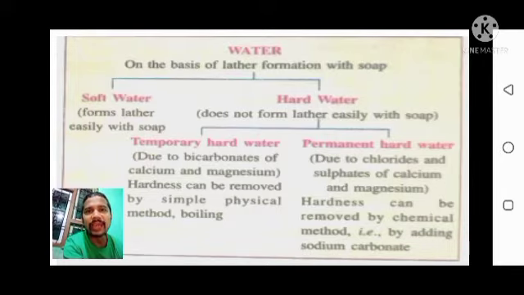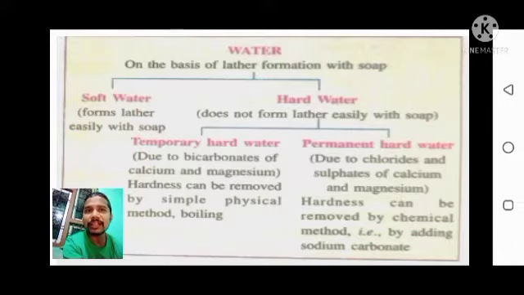And how can we remove permanent hardness of water? It cannot be done by boiling. It cannot be done by adding washing soda. It cannot be done by adding lime. But it can be removed by a chemical method, that is by adding sodium carbonate.